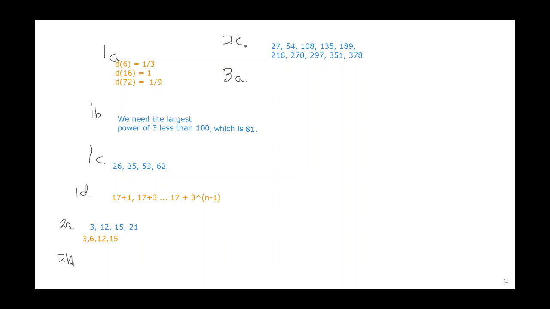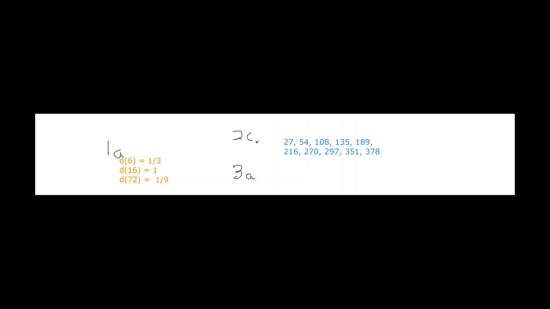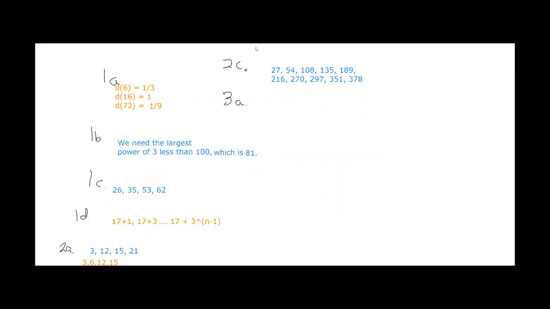The problem with 27 and 54 is they don't satisfy d of 27 equals d of 54 equals 1. But Julia's example of 7 and 10 works, yes.